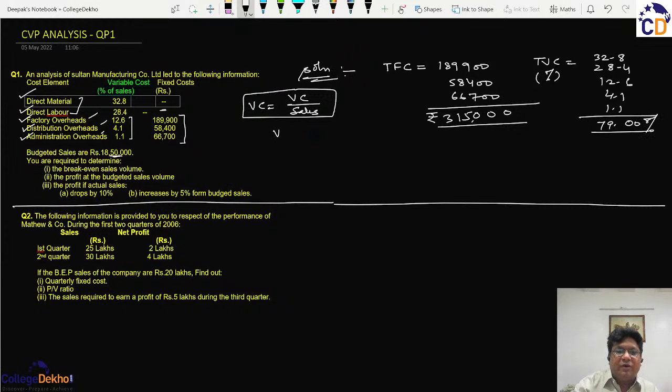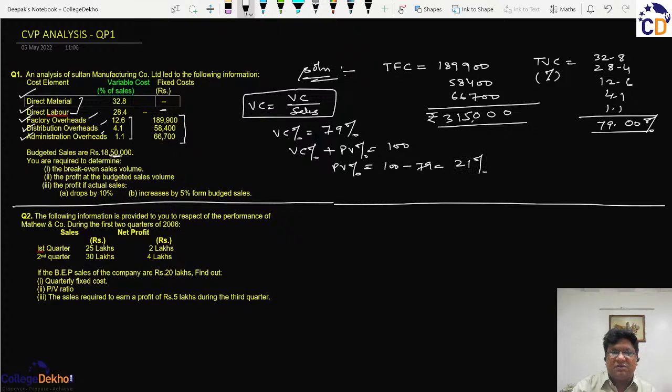So the variable cost percentage in this question is 79%. We have already discussed that the variable cost percentage plus the PV percentage is equal to 100. So the PV ratio can be calculated as 100 minus 79, that is 21%.